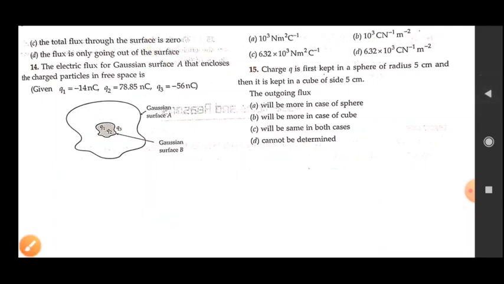Now let's see the next question. For the next question, students, you are given a figure in which three charges can be seen: q1, q2 and q3.